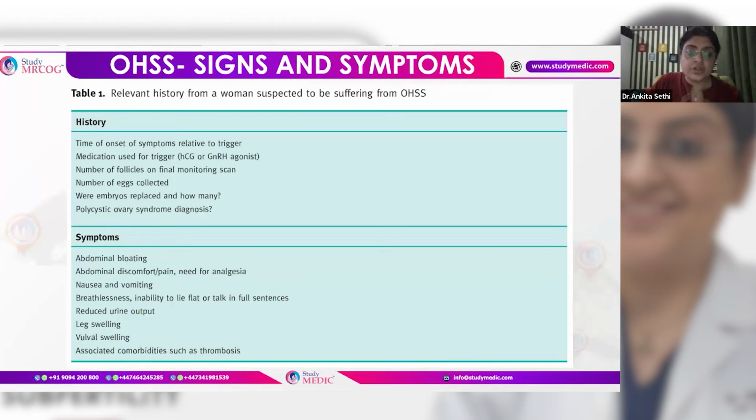The number of follicles on the final monitoring scan, the number of eggs collected, whether embryos were replaced and how many, and polycystic ovarian syndrome diagnosis. What are the symptoms of OHSS? Abdominal bloating, abdominal discomfort or pain, nausea, vomiting, breathlessness, reduced urine output, leg swelling, vulval swelling, and associated comorbidities such as thrombosis.